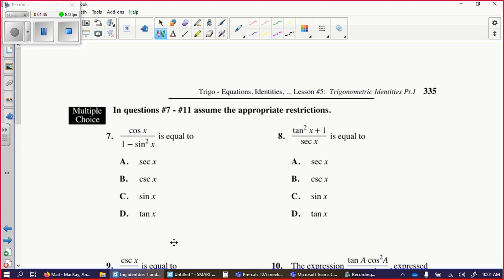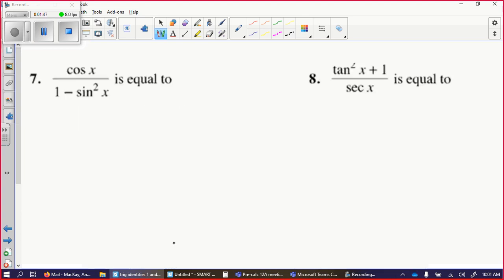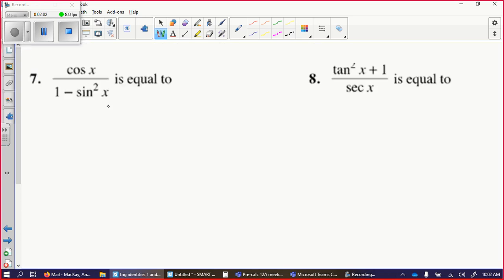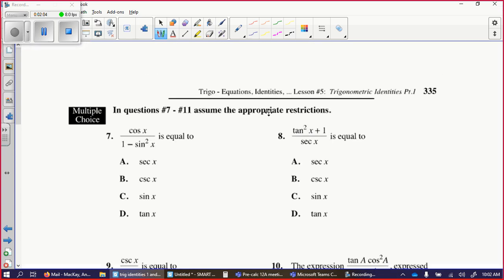So all I want to do today is go through these multiple choice questions, but not in the sense of multiple choice. It's all about simplifying. One of the things it states up here is to assume the appropriate restrictions, so 1 minus sine squared can't equal 0.